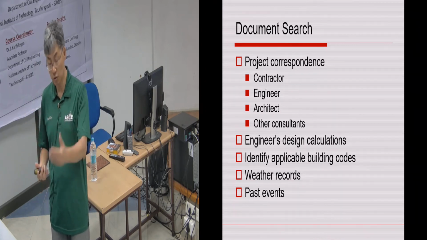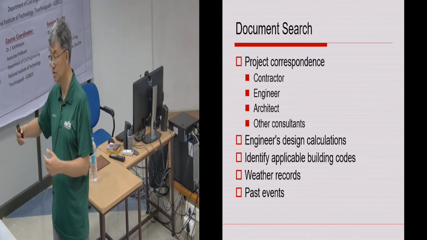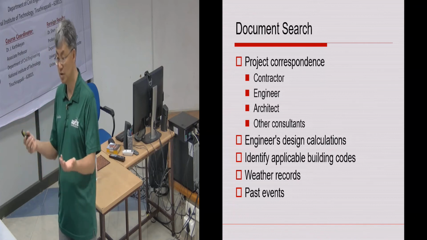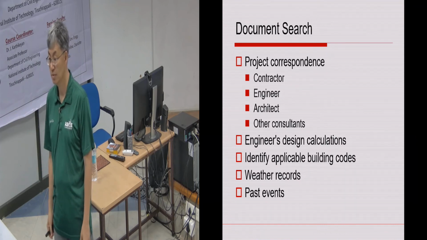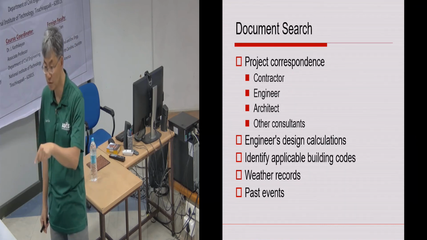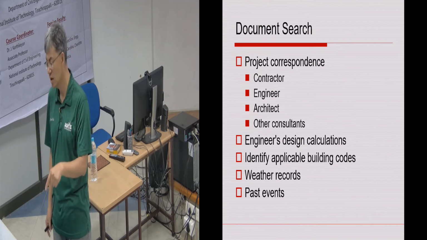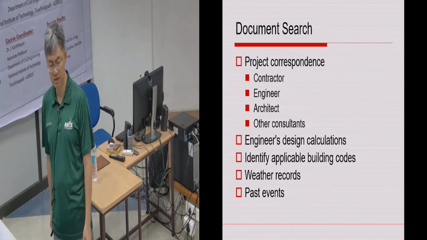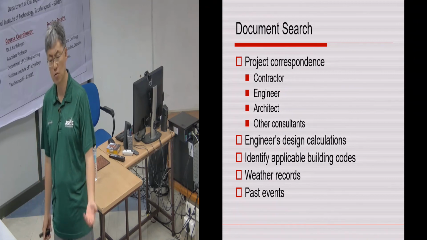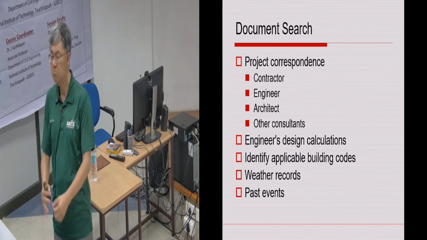And then the correspondence. If an email shows that on a certain date somebody mentioned, hey, we have an issue, that may be the cause of the failure. So you have to look at what issue they were trying to address during the construction. Maybe it was difficult to do blasting, and the conclusion was, let's put a lot more dynamite and make a bigger hole.